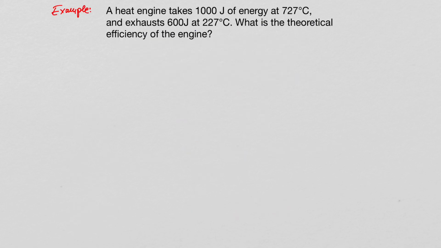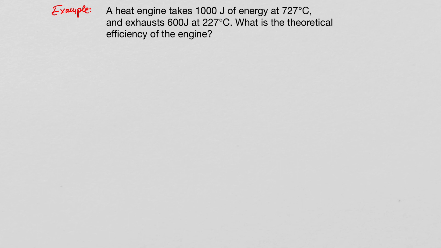Here is an example problem that uses the definition of theoretical efficiency, and the problem reads: a heat engine takes 1000 joules of energy at 727 degrees Celsius and exhausts 600 joules at 227 degrees Celsius. What is the theoretical efficiency of the engine?